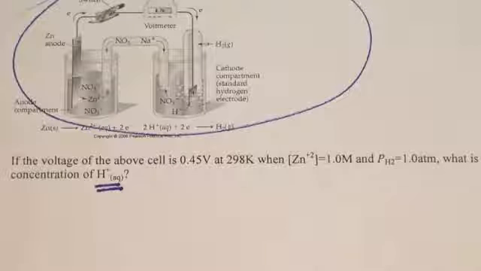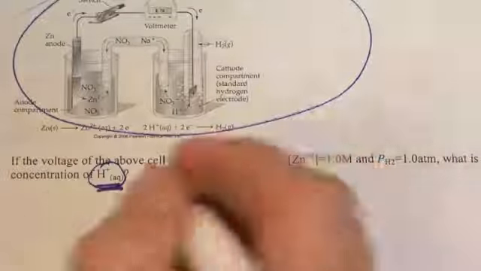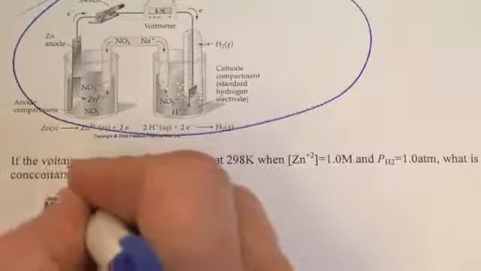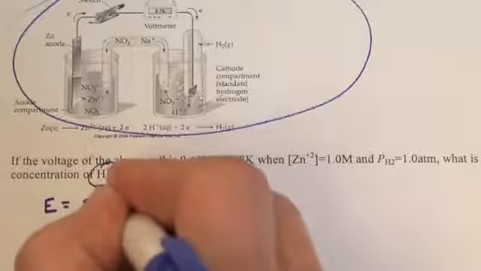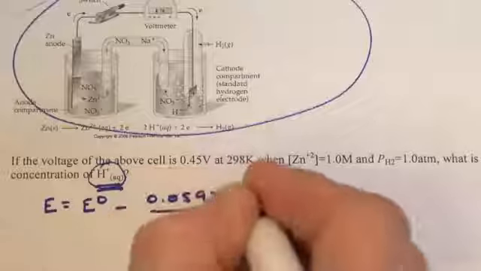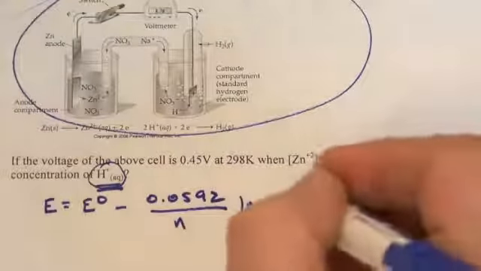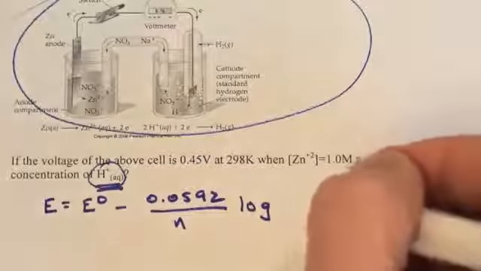So first step, since we're at non-standard conditions here, is we're going to have to find out what H+ is in the Nernst equation. And remember, the Nernst equation is E is equal to E circle minus 0.0592, because we're at 298 Kelvin, divided by N, times the log of Q. And the log of Q here would be products divided by reactants.